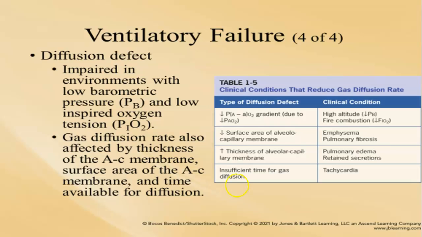You can have a low alveolar PO2, and that happens at high altitude or with low barometric pressure. Remember, this is calculated with that 760, at 1 atmosphere. But high altitude places don't start with 760. They start with something lower, depending on how high up you are.